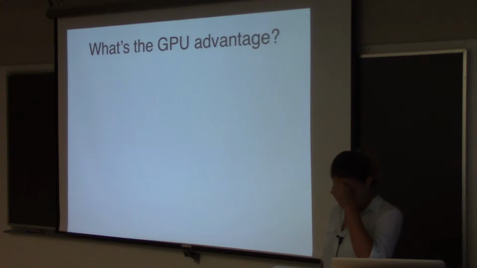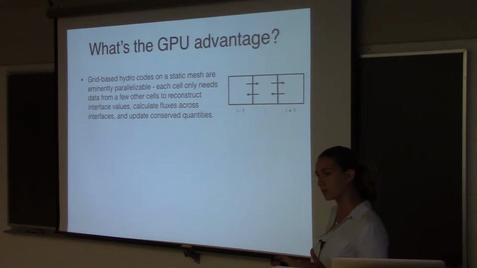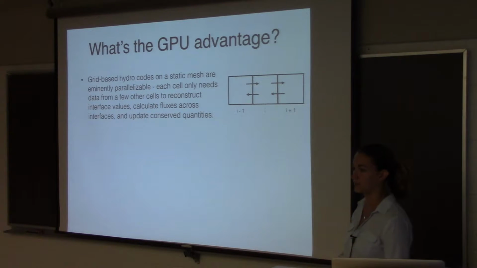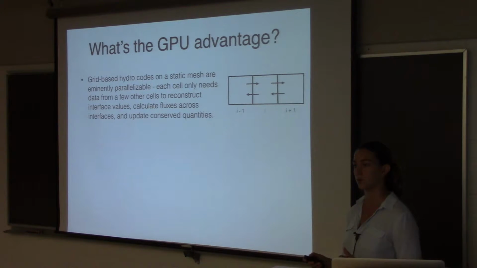Okay, so having gone through that, what do we get out of putting this calculation on GPUs? So basically, the idea is that a grid-based code, especially one on a static mesh, is a very parallelizable problem. So in order to calculate the fluxes across these interfaces and update your conserved variables, you really only need a small amount of local data.